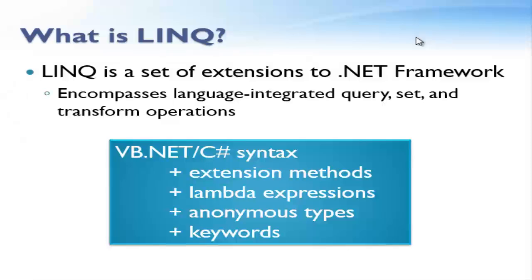Now Linq is an extension onto the .NET framework, and this extension is provided partly because of an enhancement in the programming languages, as well as some extra things that are added directly into the .NET. The enhancement in the programming language came about with different things like an extension method, which allows you to extend a sealed class, and the lambda expression, which allows you to write an anonymous function, as well as an anonymous type altogether.